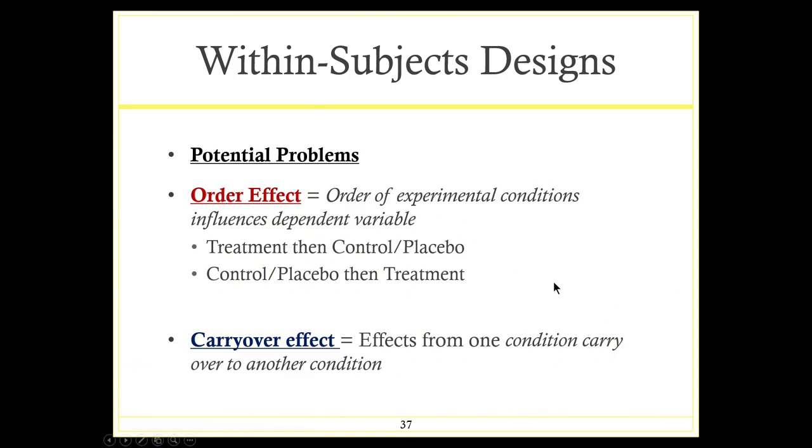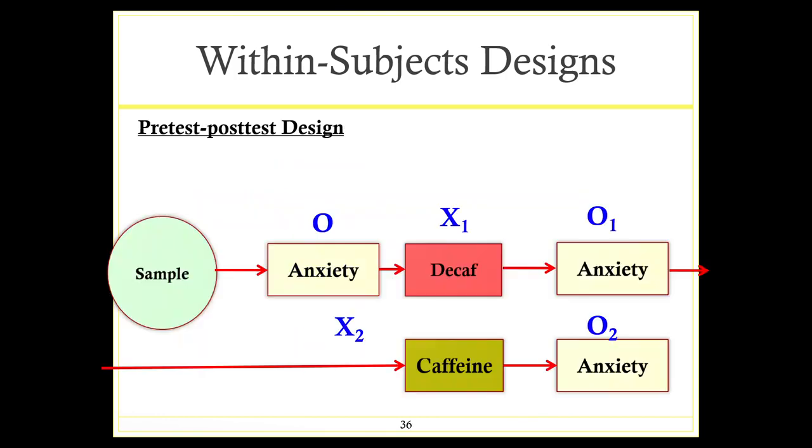Next, we're going to talk a little bit about the potential problems associated with the within subject designs that we just talked about. So remember that we only have one order of the presentation of all the treatment conditions. So let's go back for a little bit. You can see in this study, all participants have the decaf coffee first and then caffeine coffee, right?